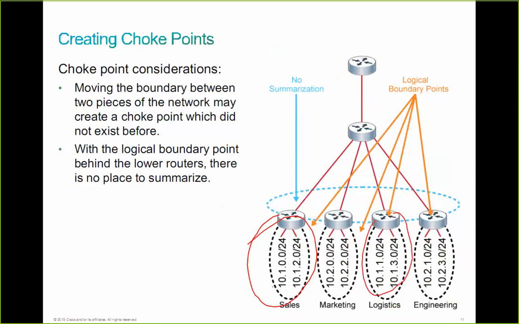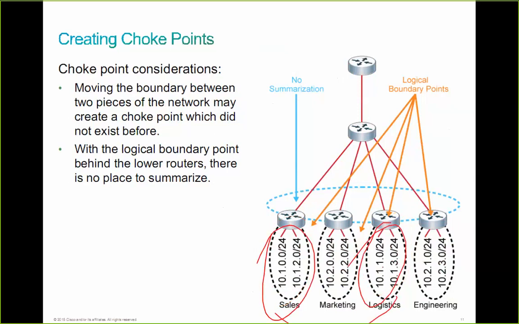That causes a problem, doesn't it? Because ideally, I'd like to summarize to the 10.1 range, maybe do a /16, or maybe a /23 or /22, or whatever it might be, but I can't do that at this point because I don't have contiguous address space.